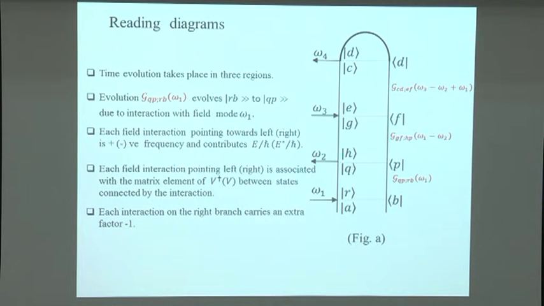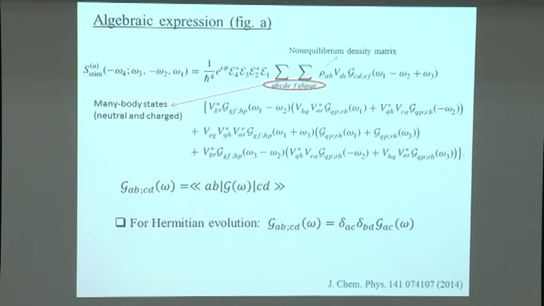These are the rules to read these diagrams. Time evolution takes place in 3 regions. Here, there is a time evolution, 1, 2, and 3 time evolutions are there. This evolution evolves this state, which is the RB state, to the QB state. And so I can label all these states, and I can calculate these matrix elements.